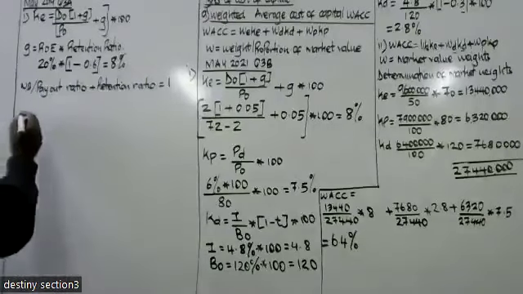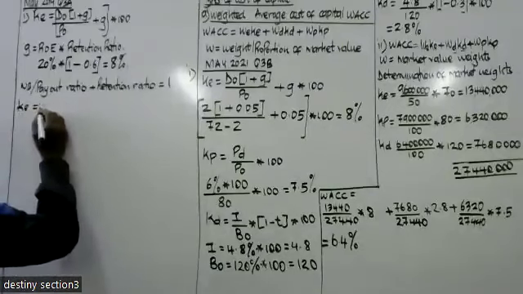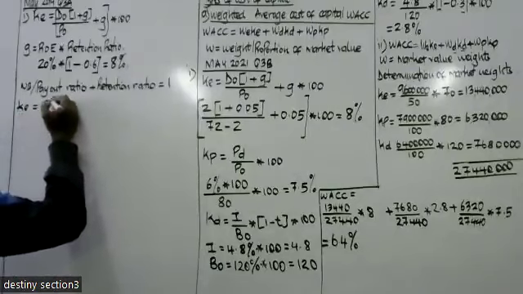So the cost of equity will be dividend income. The dividend will be 1.5.